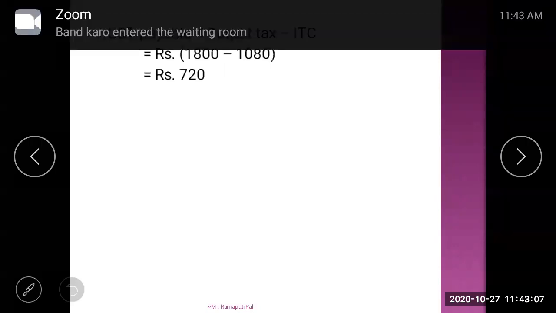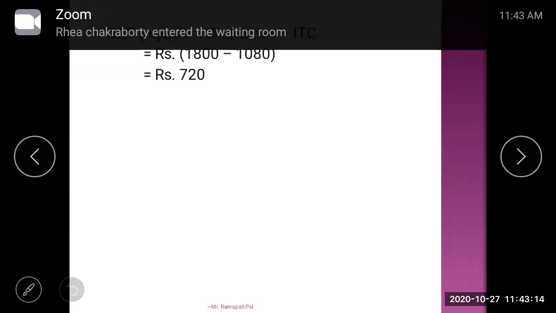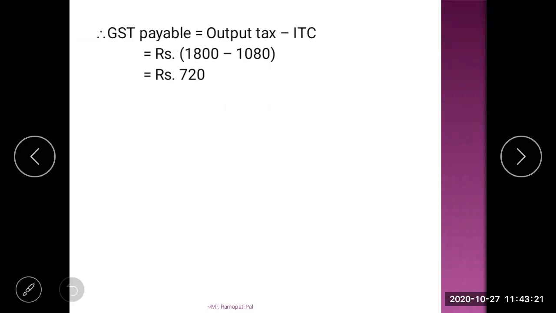GST is shown on the slide, divided by 2. 720 को 2 से डिवाइड कर दो. 720 divided by 2. Drishti, again your answer is wrong. Yes, now Drishti, your answer is correct. Okay, so 720 को 2 से डिवाइड कर देना है. Is it clear now?